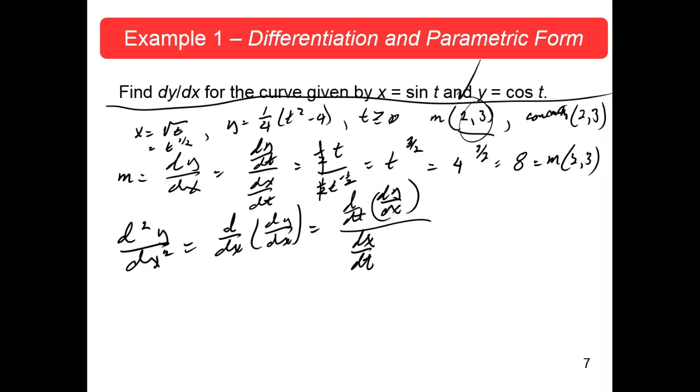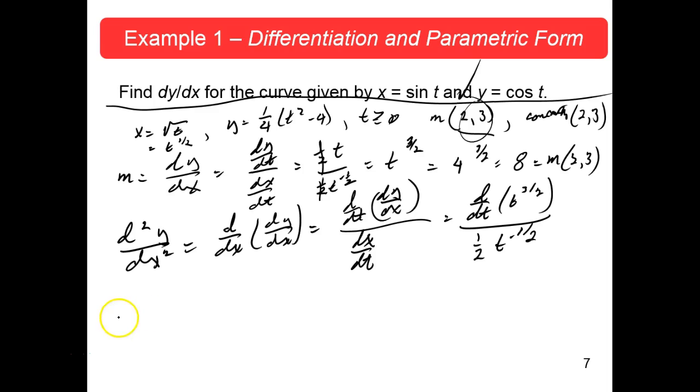Now, what this is then d by dt of t to the 3/2, because that's what we got last time, divided by, and what was our dx dt, which we did last time too? One half t to the minus 1/2, right?